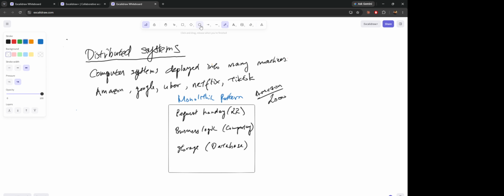And when a user sends a request, this request lands on that one machine. Now you can imagine that this machine has some hardware limitations. It could either be CPU, hard drive, or RAM.